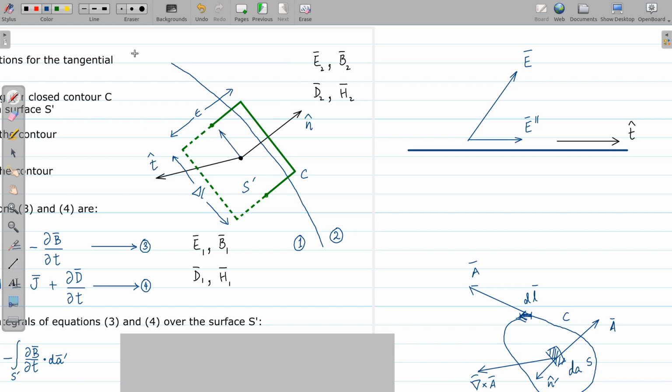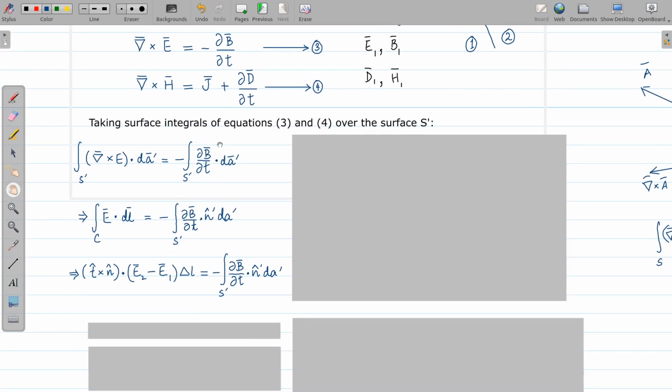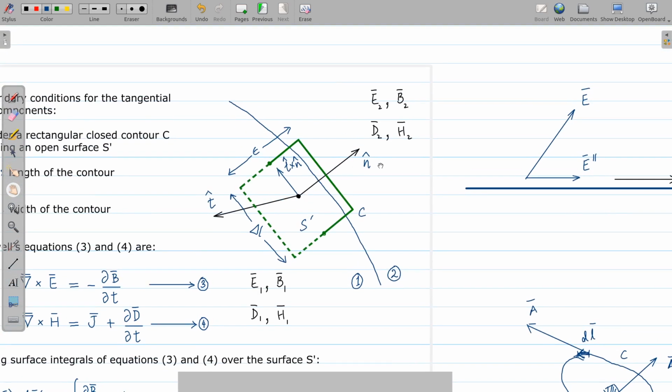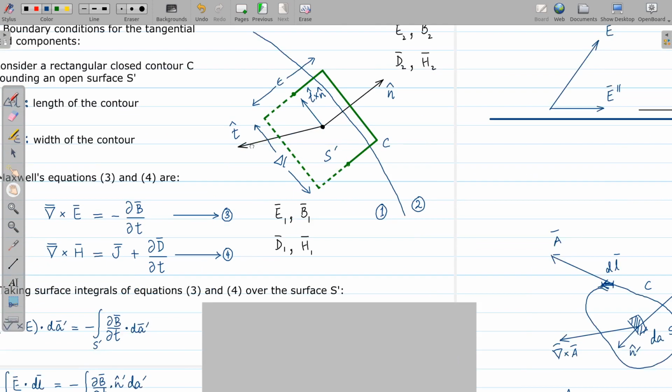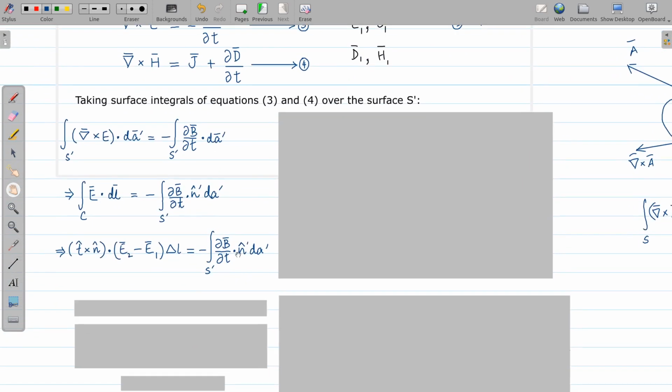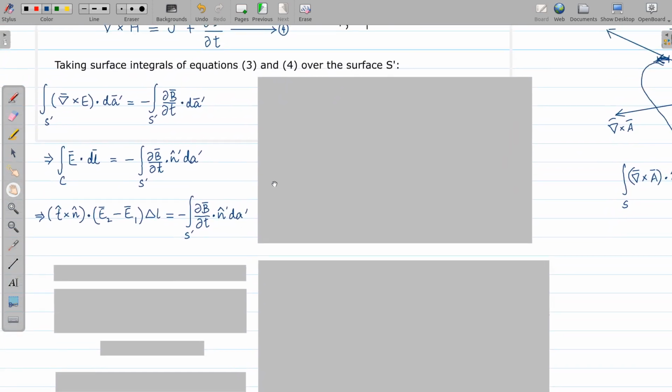This will be the direction of t cap cross n cap, which is going to be along this length, and minus means along this length. So that's why I have replaced that, because we only have these two directions at hand. We have only n cap and t cap, so we can use n cap and t cap to obtain these directions. So the right hand side remains just the same as before.